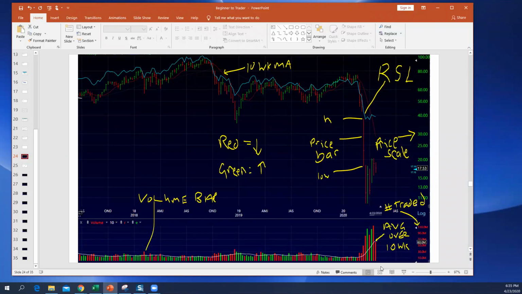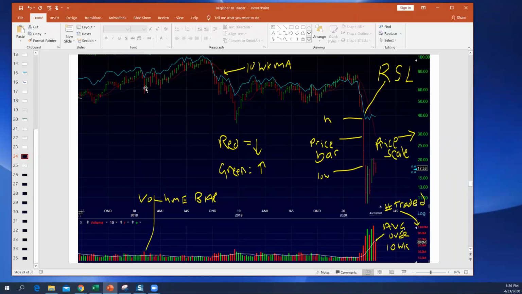At the bottom, these bars are volume. So basically what this means is if I just take one bar like this big red bar, that bar has a corresponding volume that traded that day, which happens to be this big red volume bar. And the red denotes that it was a down day, and that goes in sync with the red bar up the top.